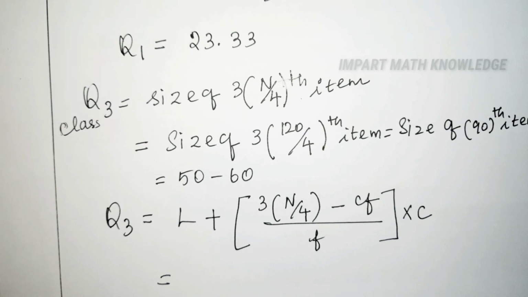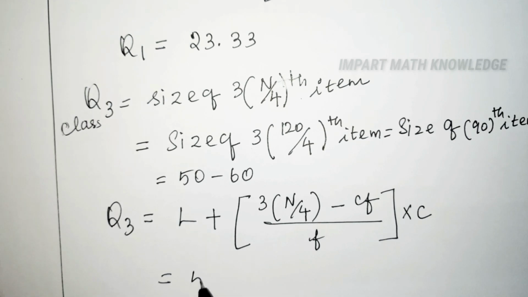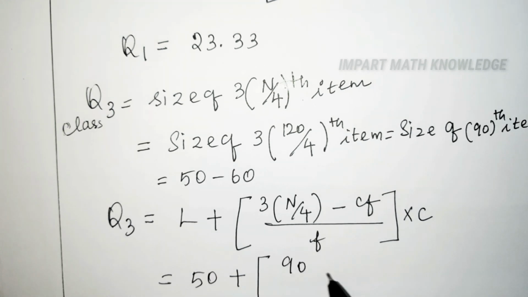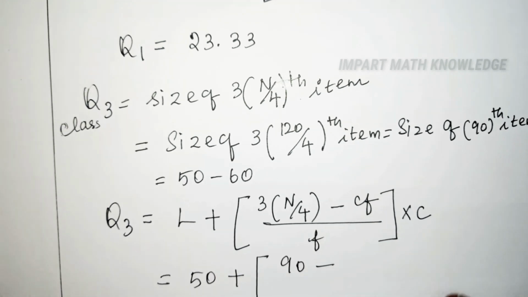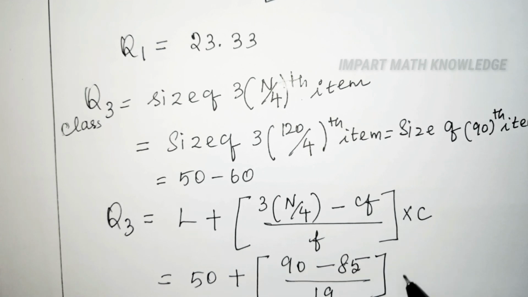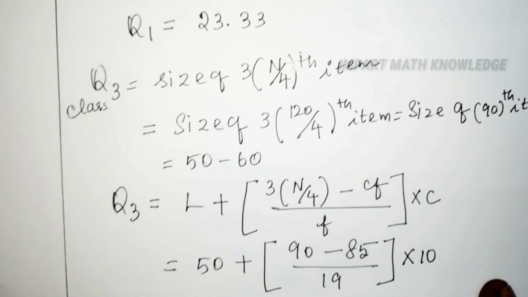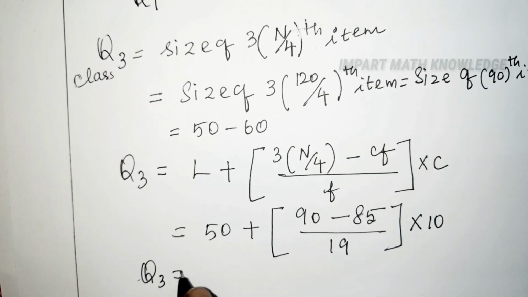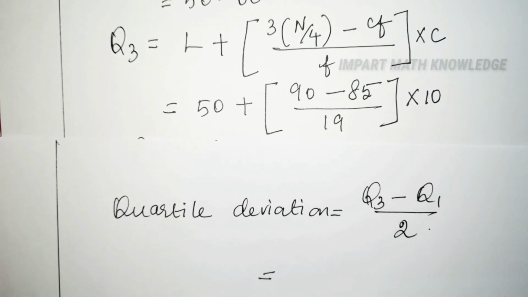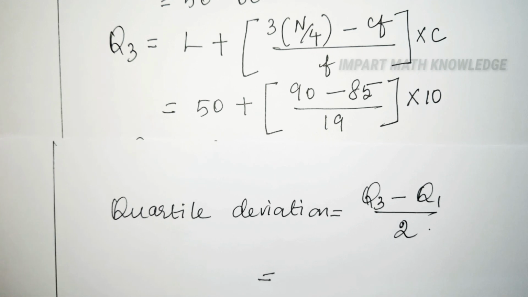Now substitute all the values here. L is equal to 50 plus 3n by 4 is 90 minus cumulative frequency 85 and frequency is 19. Length of the class interval is 10. If you simplify this, Q3 is equal to 52.63.